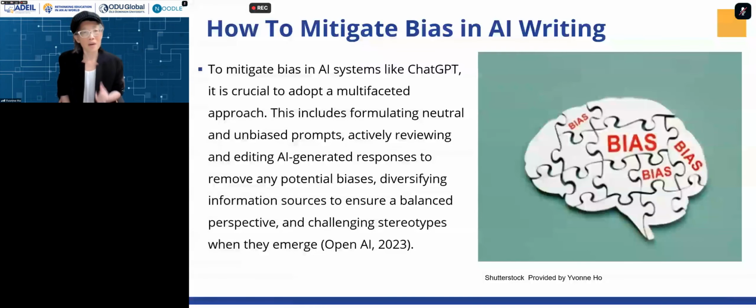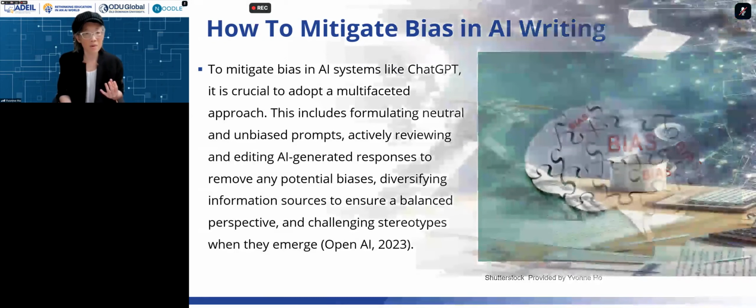So to mitigate bias in AI systems like ChatGPT, it's crucial to adopt a multifaceted approach. This includes formulating neutral and unbiased prompts, actively reviewing and editing AI-generated responses to remove any potential biases, diversifying information sources to ensure a balanced perspective, and challenging stereotypes when they emerge.